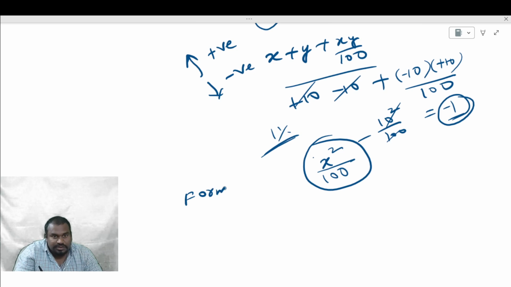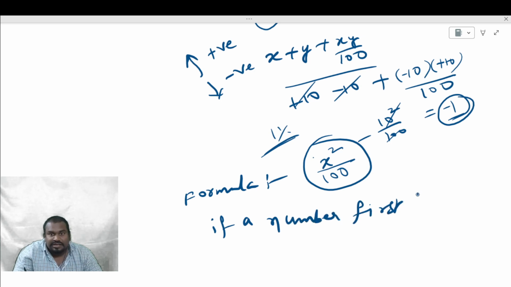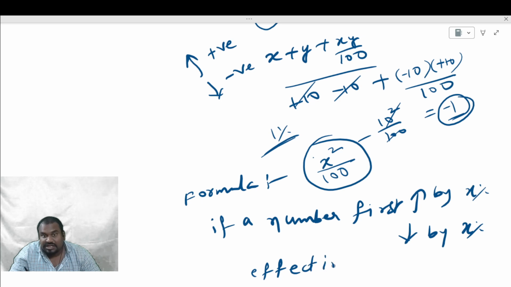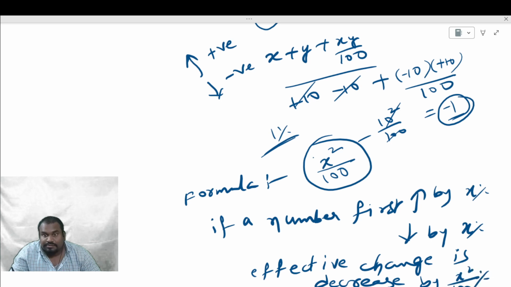The formula is: if a number is first increased by x% and again decreased by x%, then what is the effective change? I'm saying change, not increase. The effective change is definitely a decrease, by x square by 100 percent.